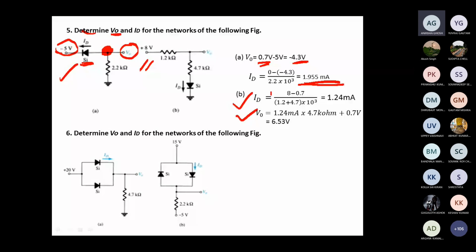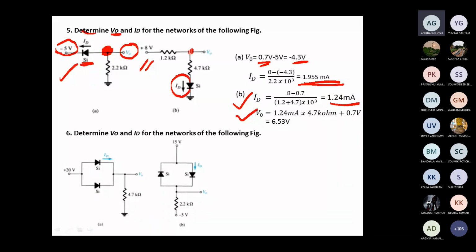The ID is 1.24. So that means, what is the ID? Diode current I have to find. So what is the voltage here, net voltage divided by net resistance.